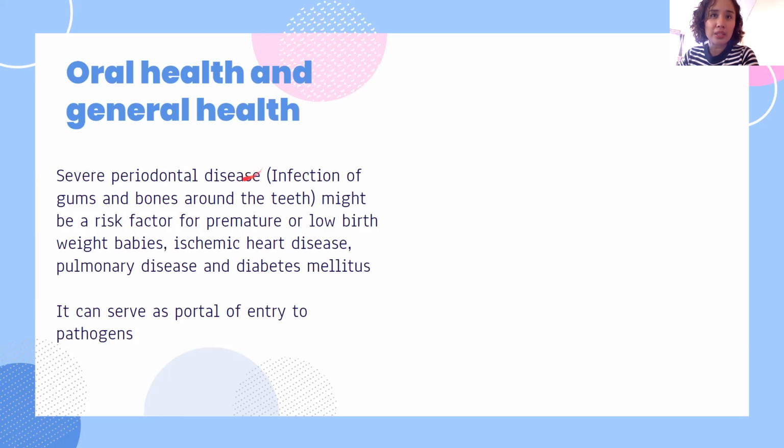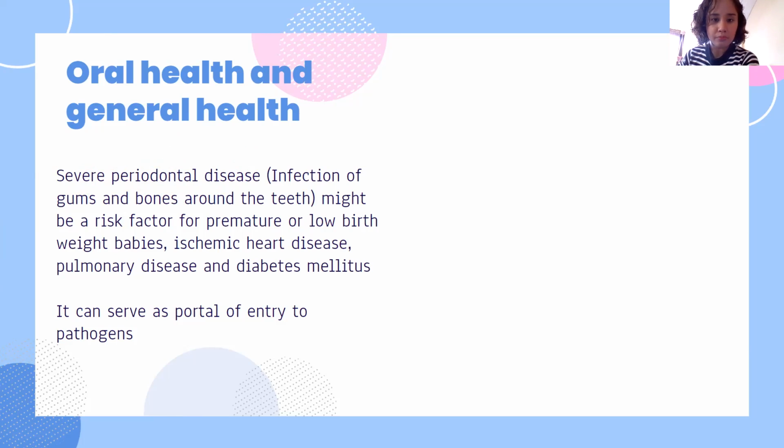Severe periodontal diseases, so infections of the gums and the bones. Nagsimula lang sa ngipin. However, the infection migrated to the surrounding gums, and up to the bone around the teeth. Might be a risk factor for low birth weights. So it could impact pregnant women.